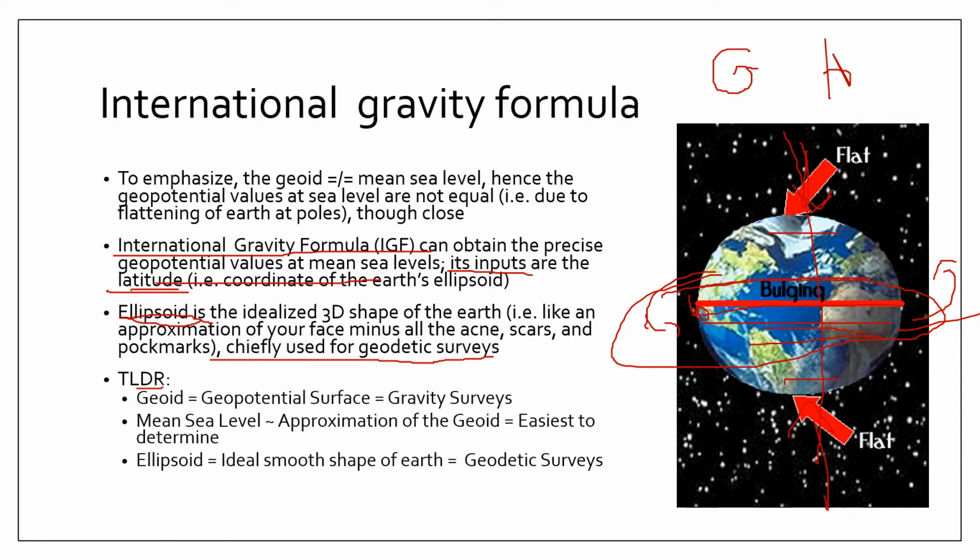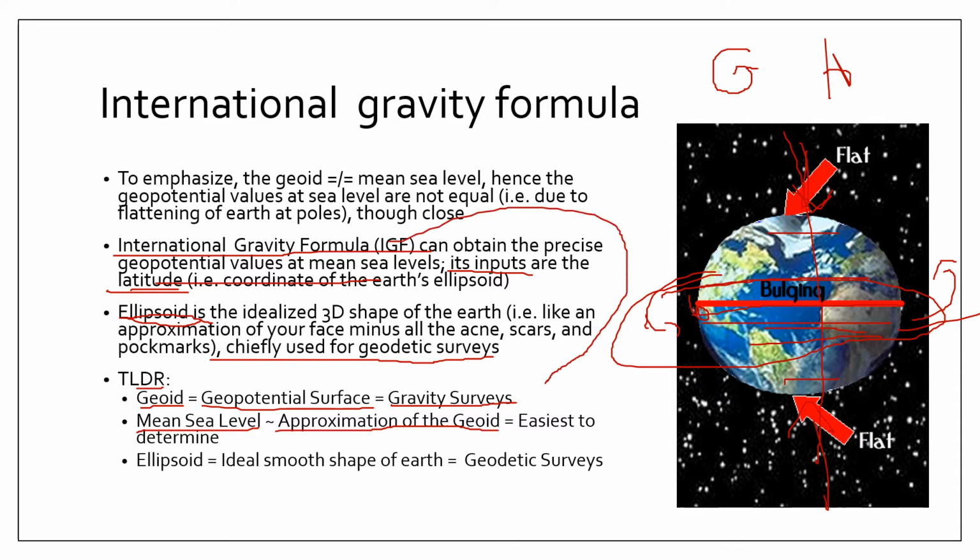To summarize, we have the geoid, which is the geopotential surface, and this is what we want for the gravity surveys. But in the field, it's easier to determine the mean sea level, so we use it to approximate the geoid.